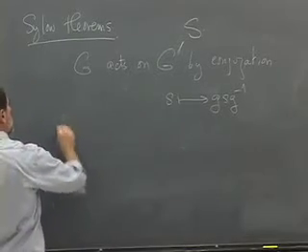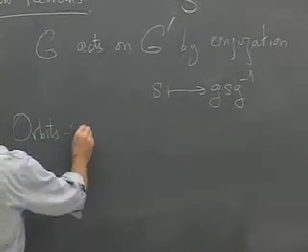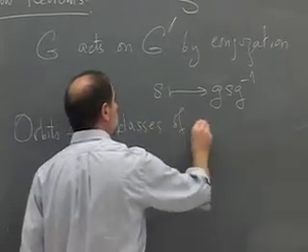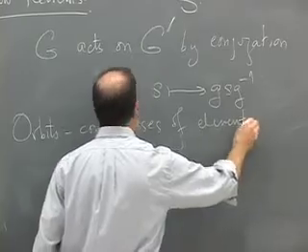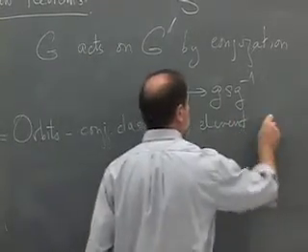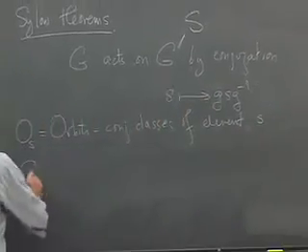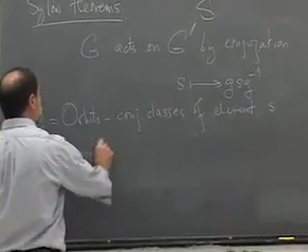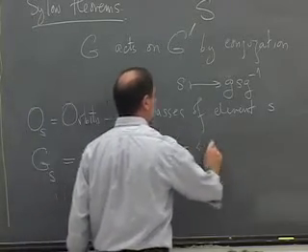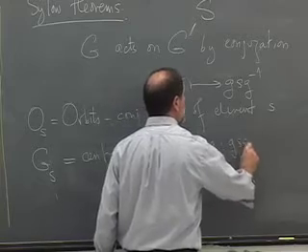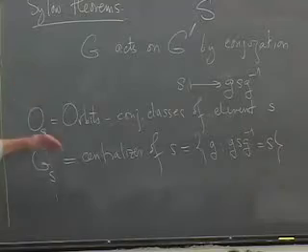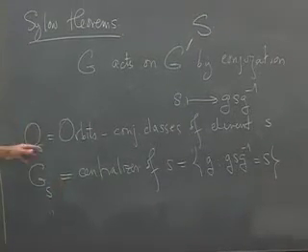And the orbits are called conjugacy classes of elements, like O of s, the conjugacy class of the element s. And the stabilizer, G of s, is called the centralizer of s. So that's the set of g such that g s g inverse is equal to s, the elements that commute with s. So we've taken a look at this action when we did the class equation.